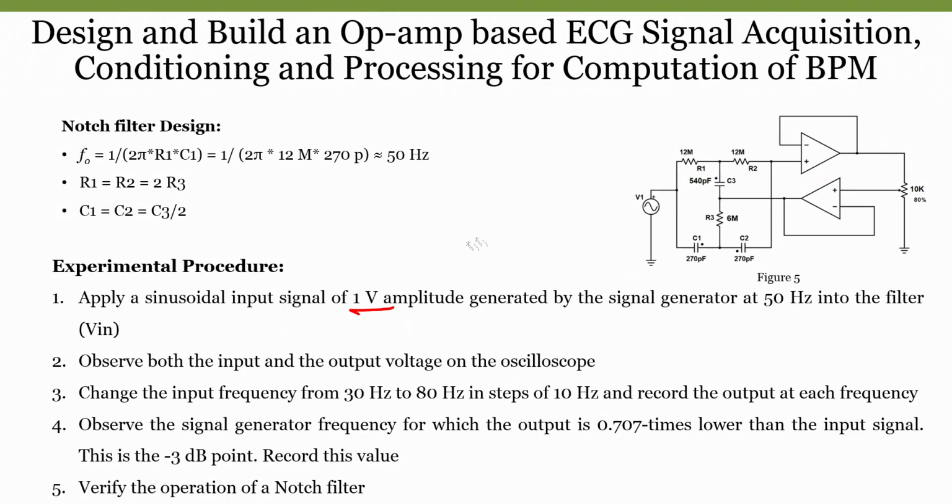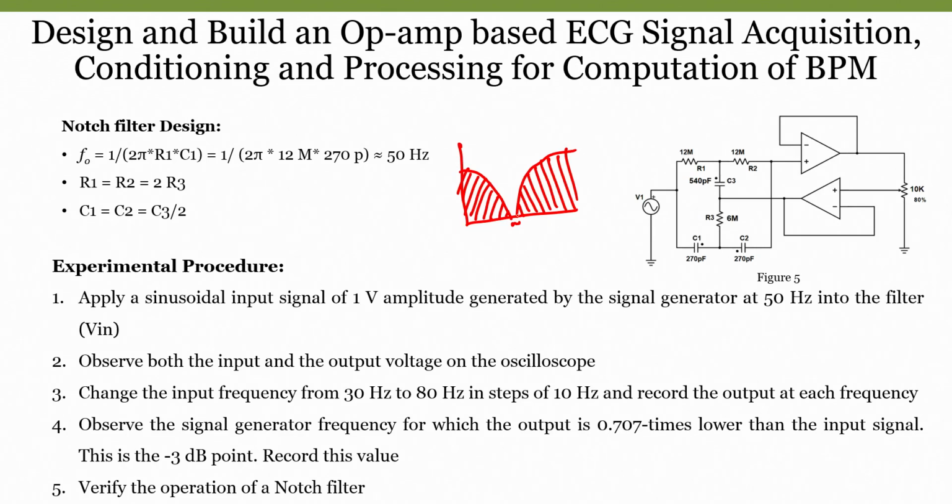Why is this called a notch filter? This is how the frequency response of our notch filter is represented. These frequencies will be completely allowed, as we have already seen in our other modules, and these frequencies are also allowed, but this particular frequency, which is the center frequency, or this band of frequencies, will not be allowed.